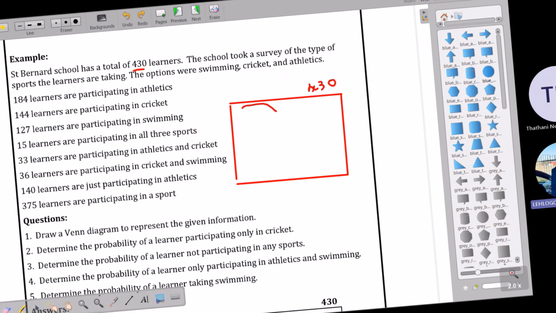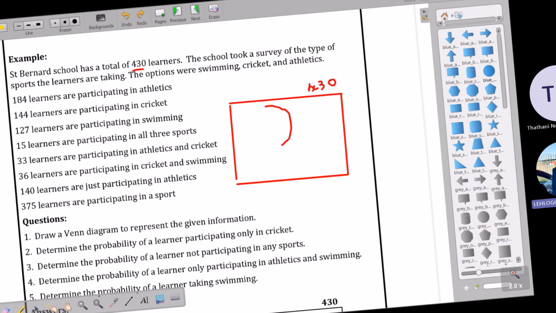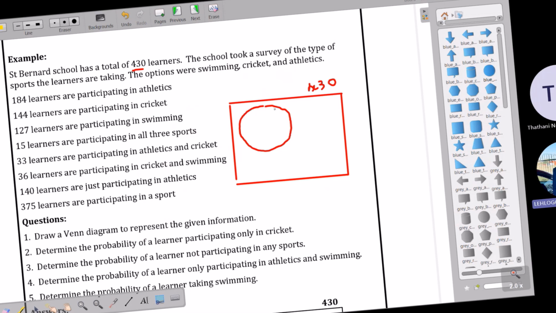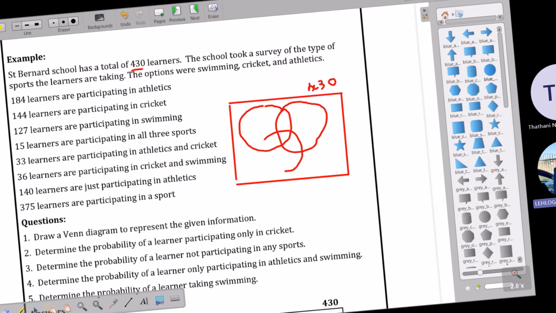Circle number 1, okay. Here we are. Circle number 2. And then circle number 3. At least all the things I want are here.